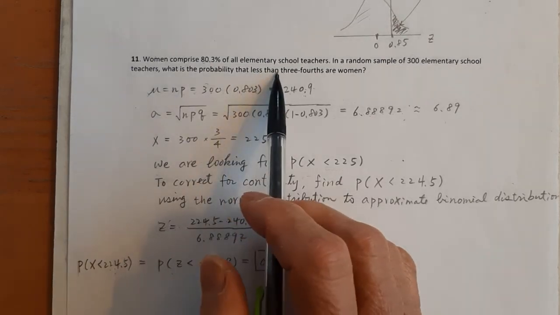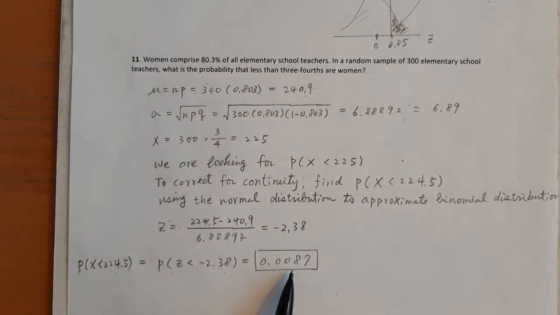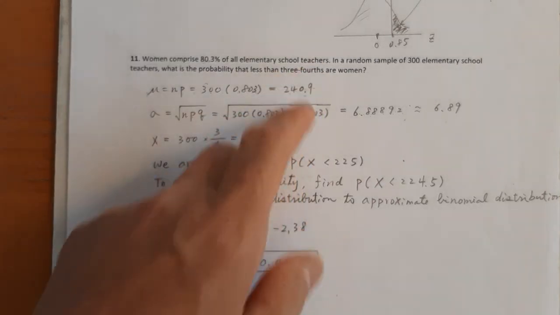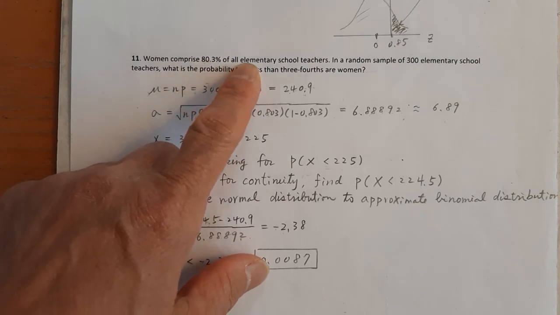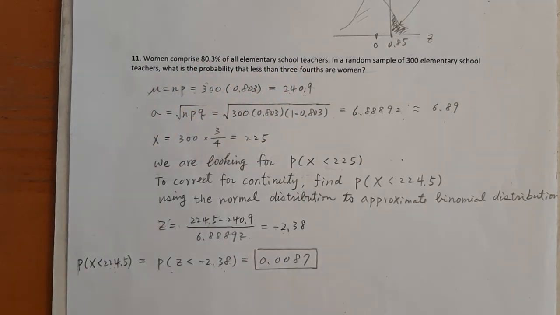What is the probability that less than 3/4 are women? The probability is very, very small, 0.87%, because mostly are women. 3/4 is 75%, and the probability of less than 75% being women is very small, 0.87%, because here we have 80.3% women.